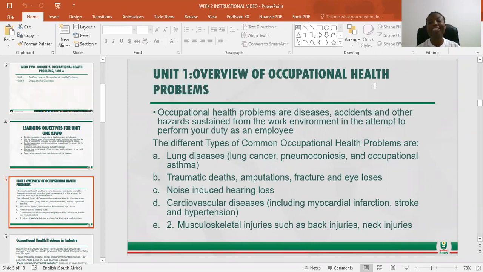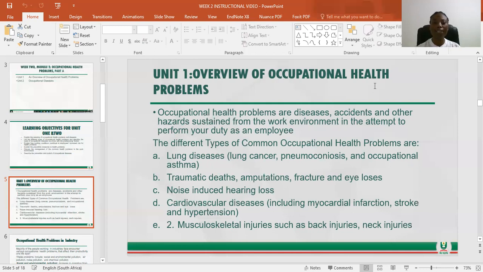I say occupational health problem can be related to those hazards that someone is being exposed to, like maybe contagious diseases, maybe an accident while using a machine in the course of discharging their duty while working. Excellent, yes.